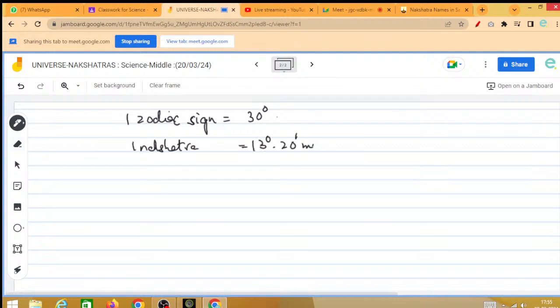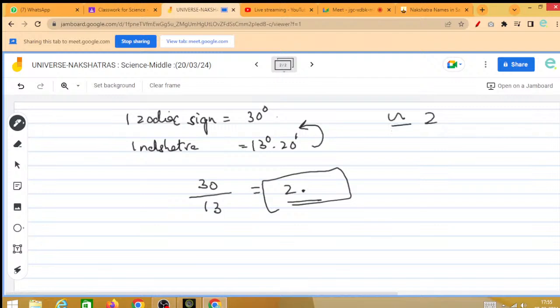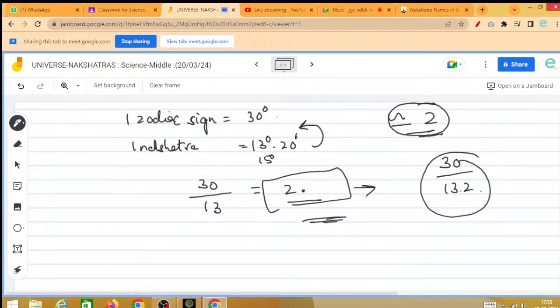So, how many nakshatras in one zodiac sign? 30 divided by 13.20, about 2 point something nakshatras. So don't write equal to, write approximately 2 nakshatras. Actually, if it had been 15 degrees, then it would have been exactly 2, right? So now if you divide 30 by 13.2, that is the answer you will have to write. Understood?